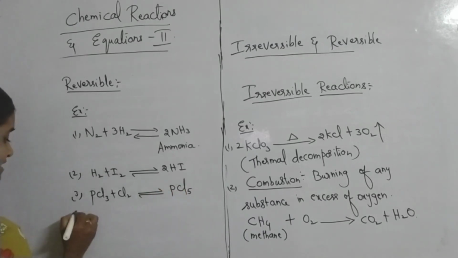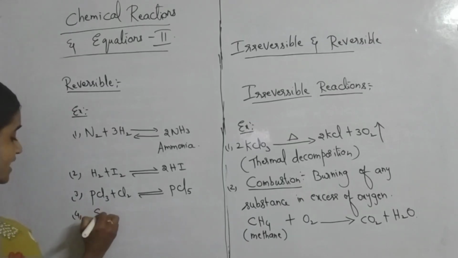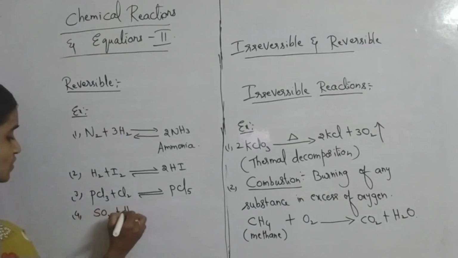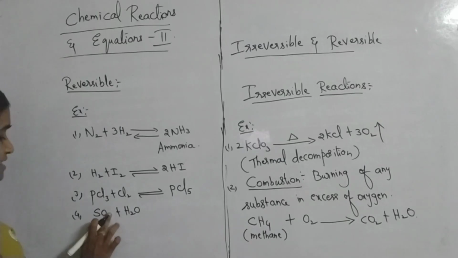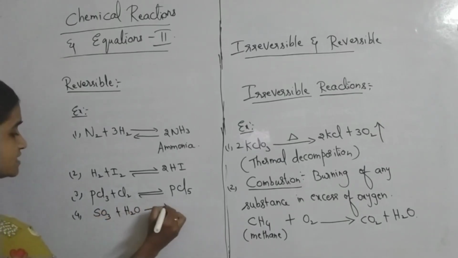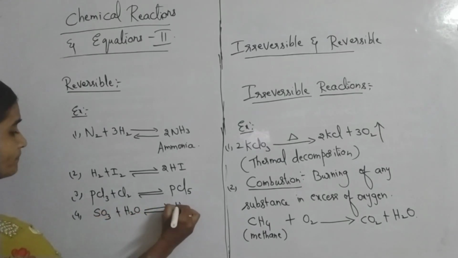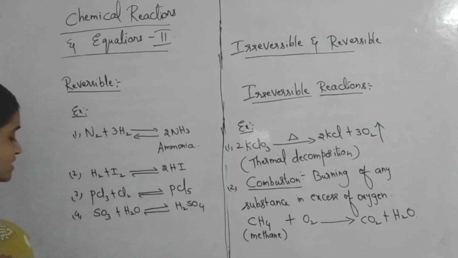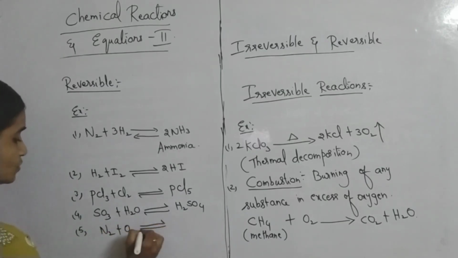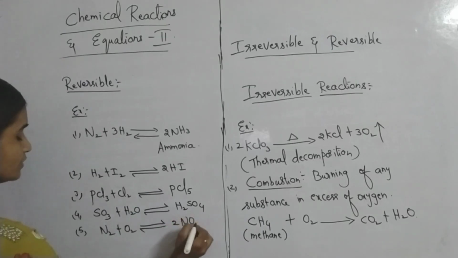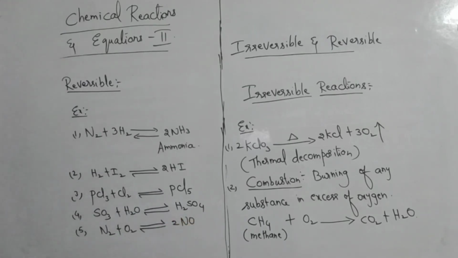And you can even take the example of the contact process, SO2 plus SO3 plus H2O gives rise to H2SO4. It's also a reversible reaction. And you have many examples, N2 plus O2 gives rise to 2NO. So this all comes under examples for reversible reactions.